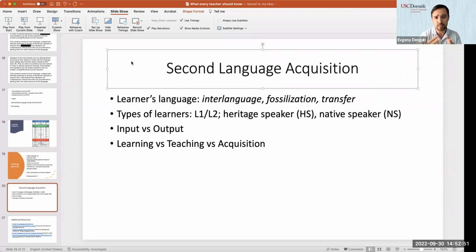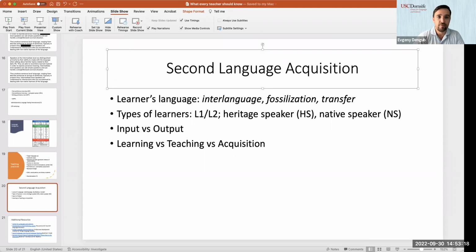And some of our students are heritage speakers. That's a huge trend, a huge direction of the field, looking at heritage speakers, who they are, what they're able to do, and trying to understand how to teach them.